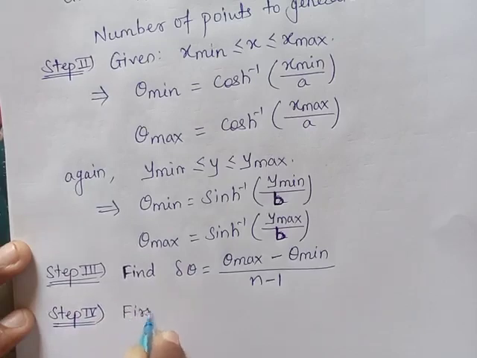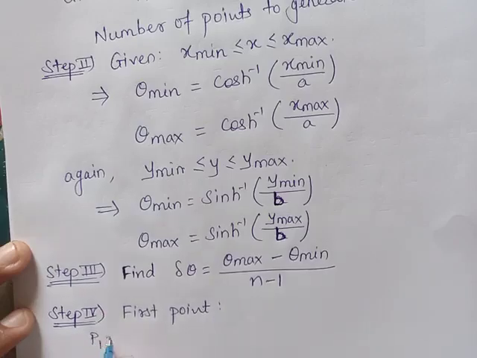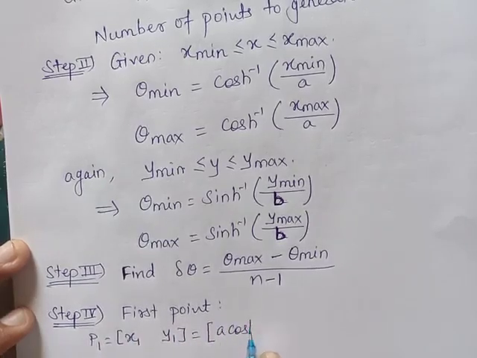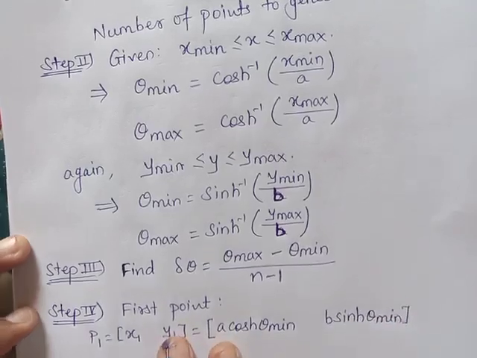First point is P1, that is x1, y1. That will be a cos hyperbolic theta minimum and b sine hyperbolic theta minimum, our first point here, right?